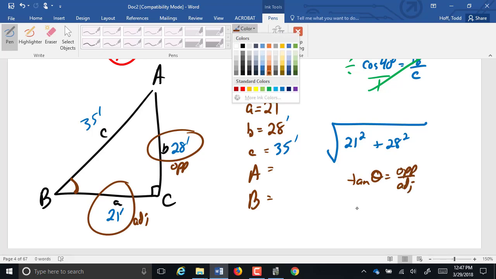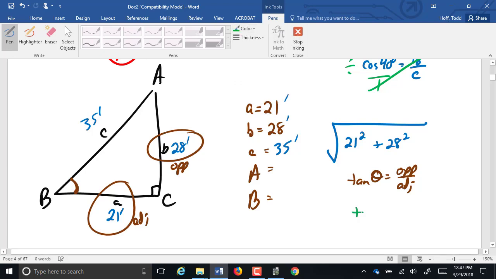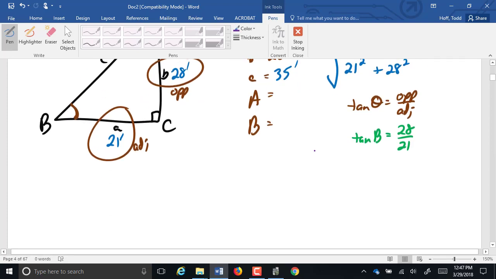So I plug in what I have. My angle is B, opposite's 28 and adjacent's 21. This time I'm not looking for a side. I'm looking for an angle. So how do I do that? Inverse tangent. So the tangent and inverse tangent cancel out.